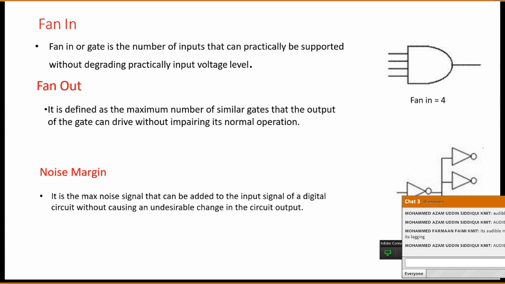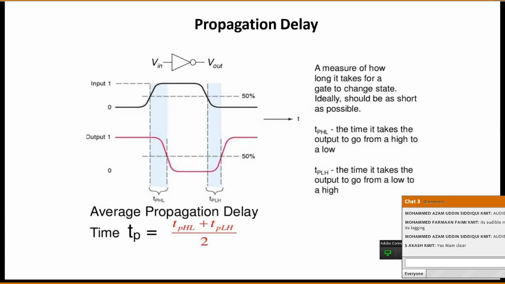Noise margin is the amount of noise a gate can withstand without disturbing its output. Next is propagation delay, which is how much time a gate takes to change its output from low to high.